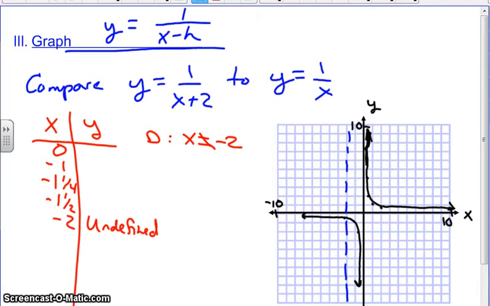And then if I'm going on the other side, a little less than negative 2, then if these two are exactly 1/2 apart, then I probably want to have that same kind of value on the other side. Okay, so I would go to what? What is 1/2 less than negative 2? Negative 2.5.